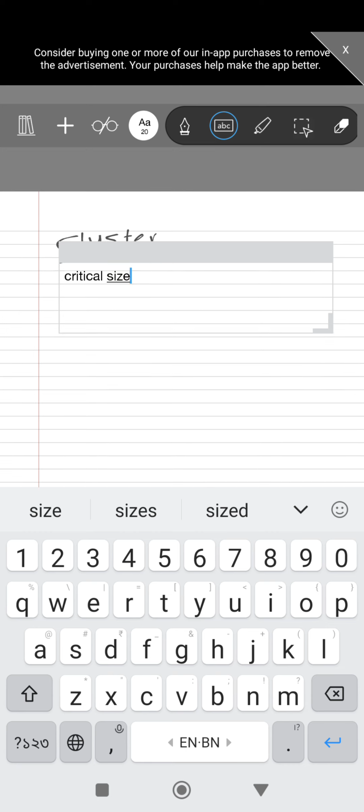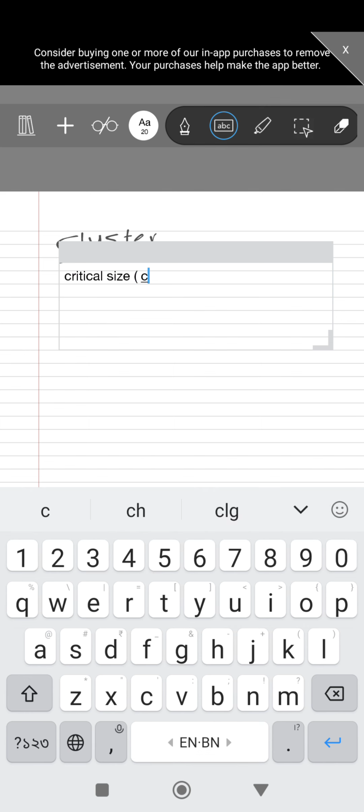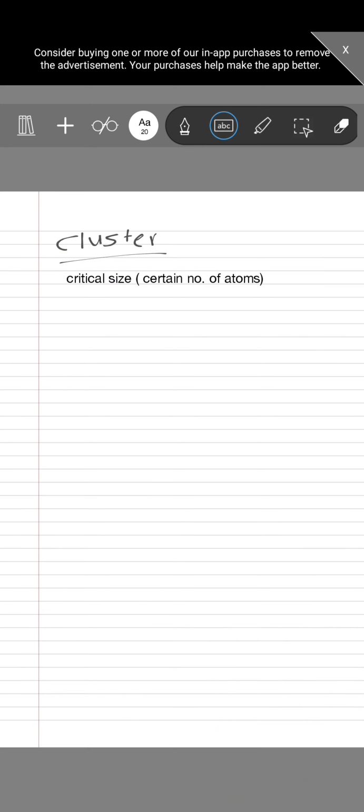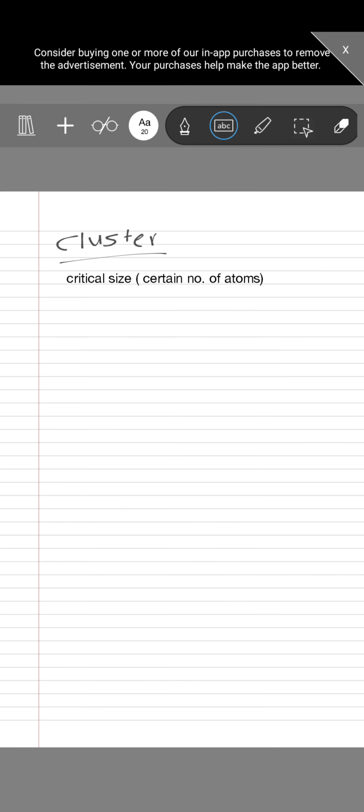By critical size, what is meant is that it has a certain number of atoms associated with it. Now, this certain number of atoms makes the cluster more stable.